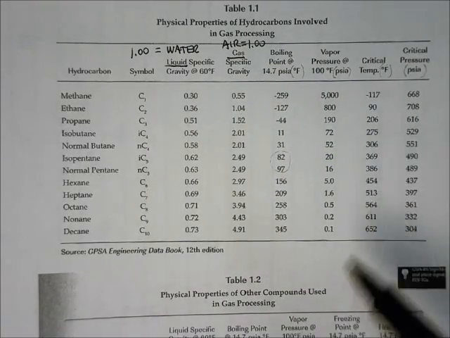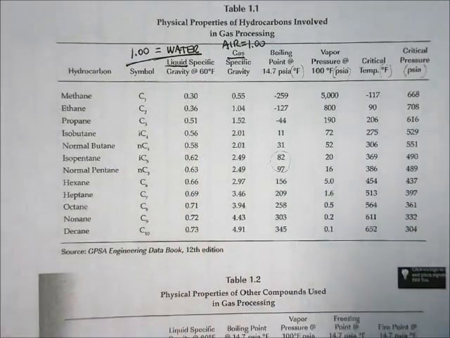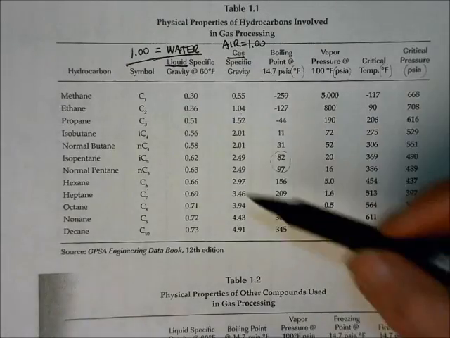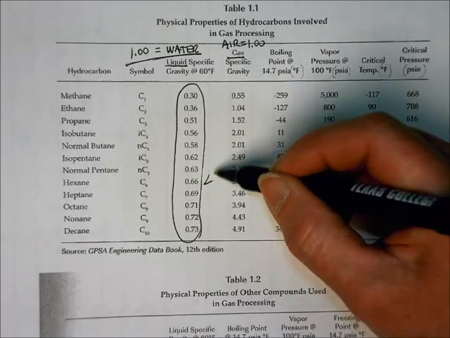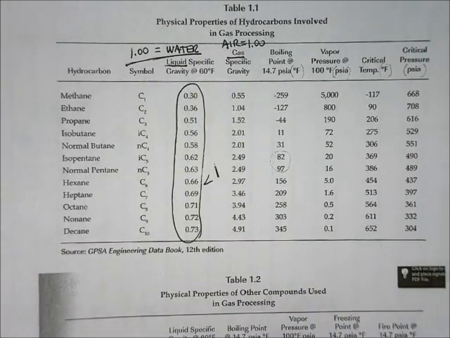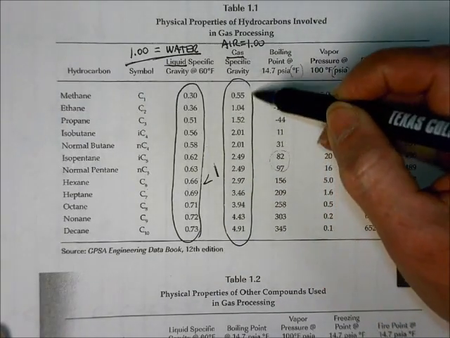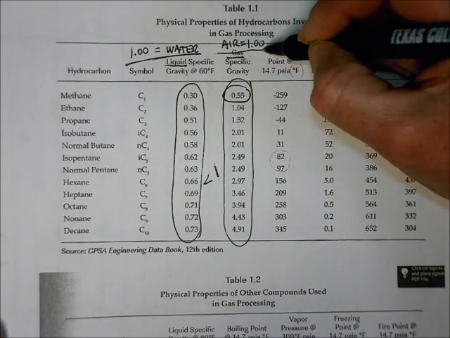So what this tells you is, since water is 1, anything that has a specific gravity less than 1 is lighter than water. It weighs less than water. So all of these are less than 1, so they are all lighter than water. When you look at the gas and you look at all of these, there's only one of them that's less than 1. Only one of them is lighter than air.